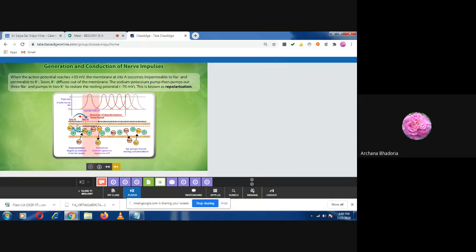So you can see here in this figure, it's showing better. Site A, it was positive. Now see, this is the resting potential, plus outside, minus inside. Now as the stimulus reached site A, you will find the permeability altered. Site A became minus outside and plus inside. Now site B will receive the current.